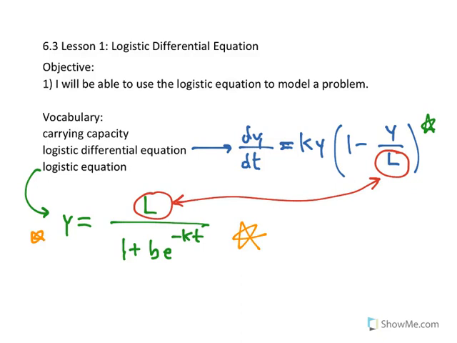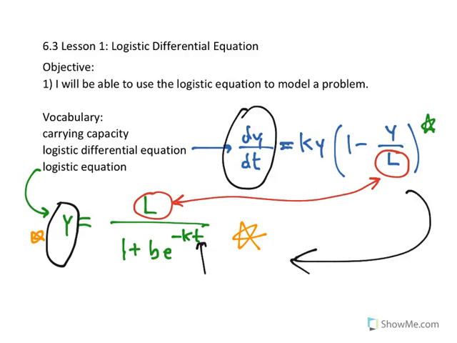The logistic differential equation tells us the rate at which the population is changing with respect to time, and the logistic equation tells us what the population is at a particular time. We saw how we get the logistic equation from the logistic differential equation by solving it using separation of variables.